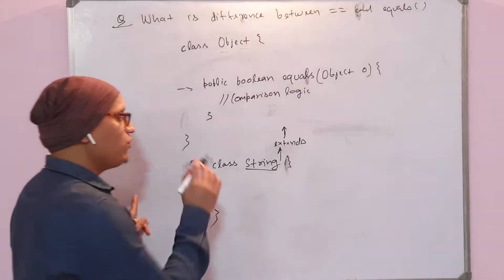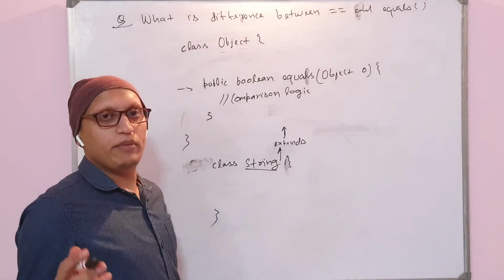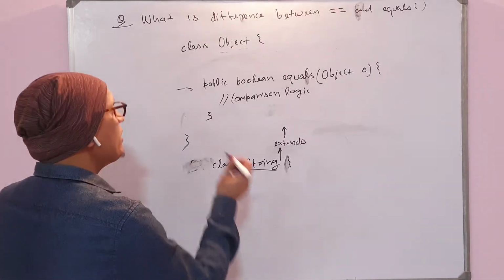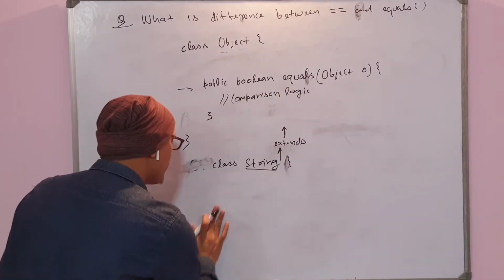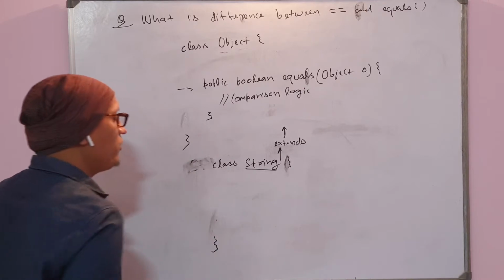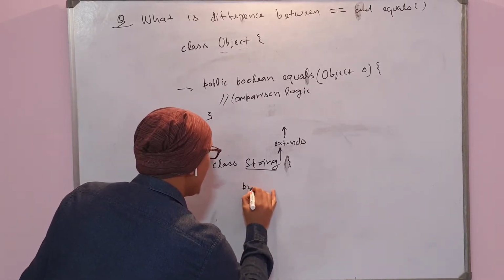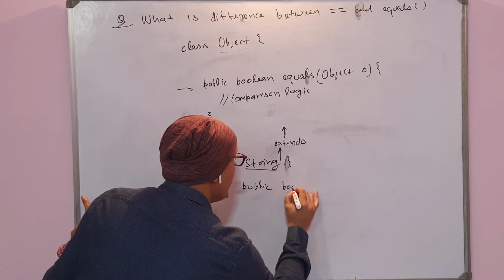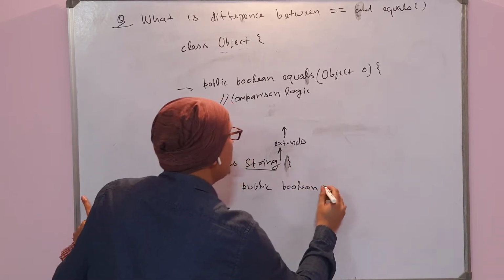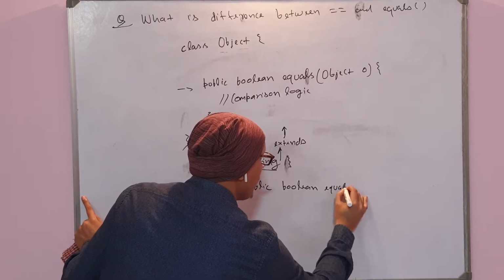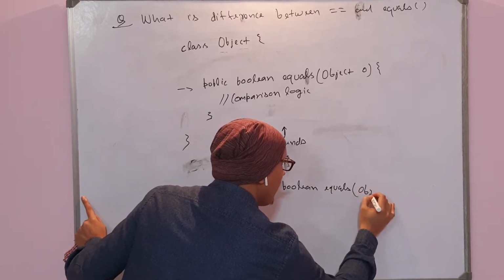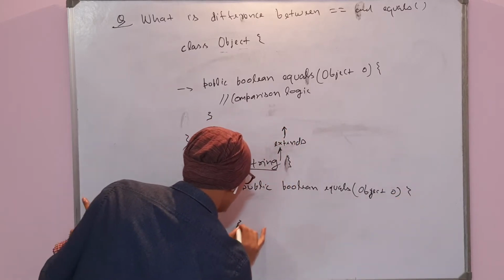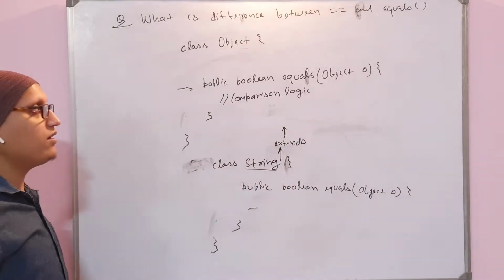Okay, so if you want to compare on the basis of content for any object, you must override this equals method. That's why when you go into the String class, you again see the same method, boolean equals of Object, and they give the definition there for content comparison.